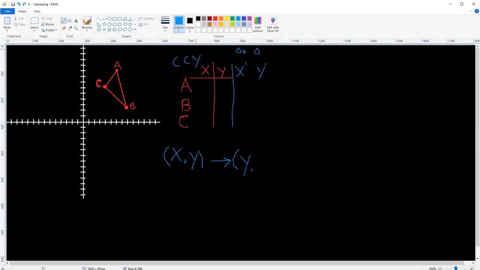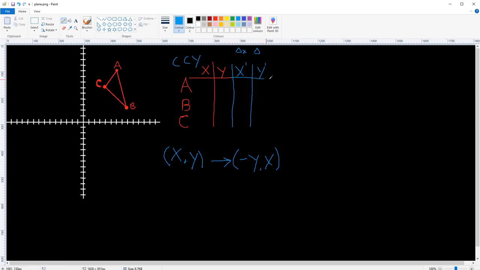Sorry, it's backwards. For a 90-degree counterclockwise rotation, it's negative Y, because the X becomes negative, crossing over the X-axis, and the X stays positive. But they flip-flop directions. That's how you know the rotation. So there's a good indicator there.